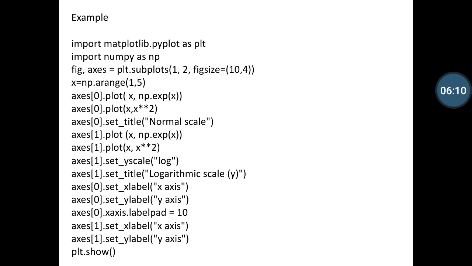Then put the values x-axis 0, plot NP x comma NP expression, put x value, and the calculation is axis at 0 index dot plt x into x square, and then set the title as a normal scale.